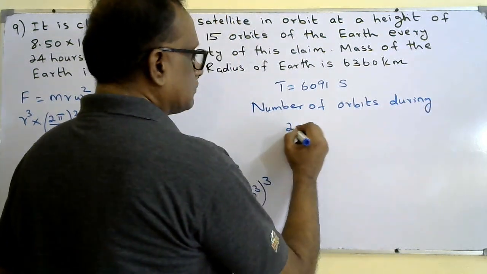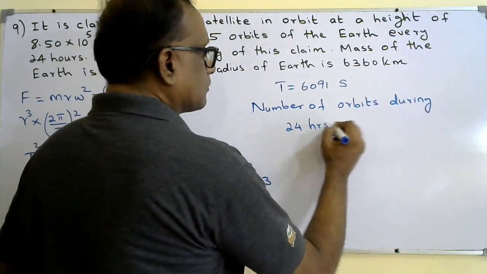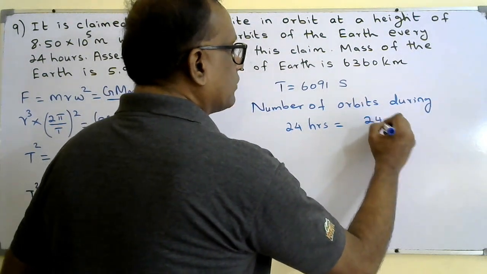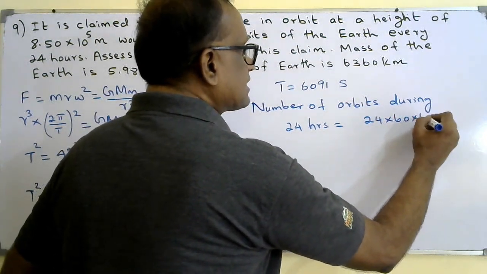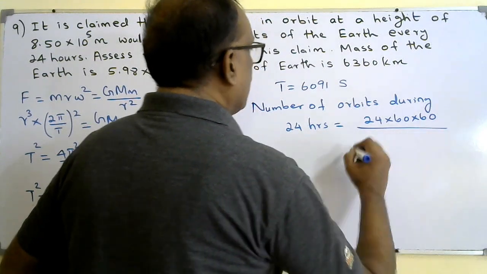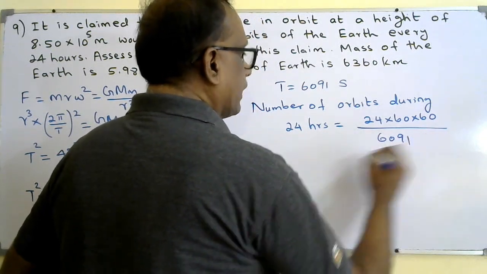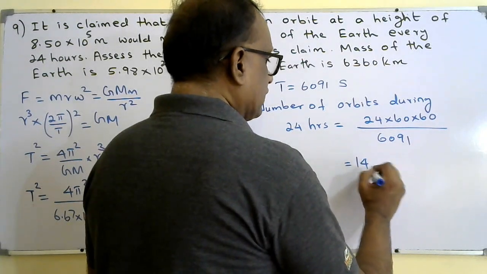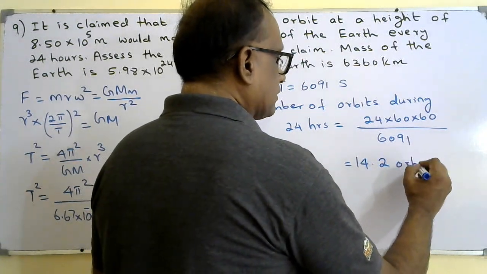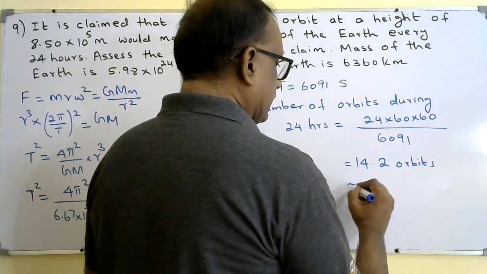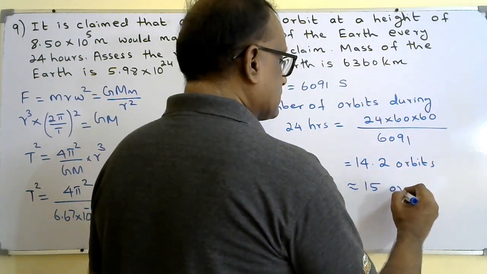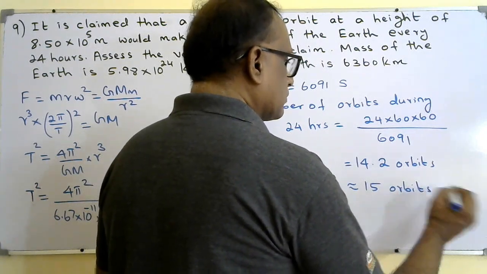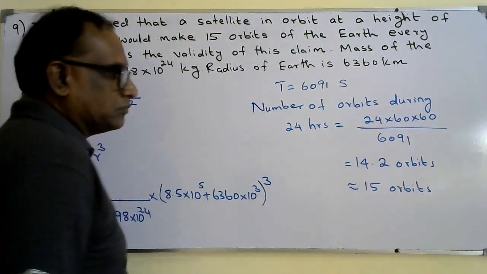It equals 24 hours × 60 minutes × 60 seconds divided by 6091. So you will get almost 14.2 orbits, approximately 15 orbits. It should be 14, but the closest value we take is 15. Yeah, it's okay.